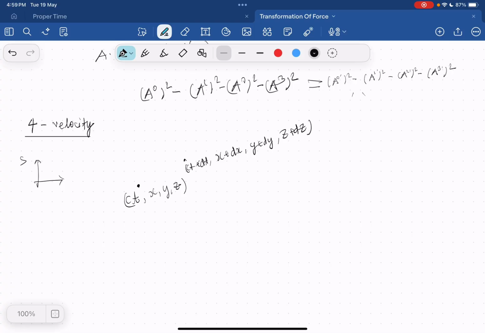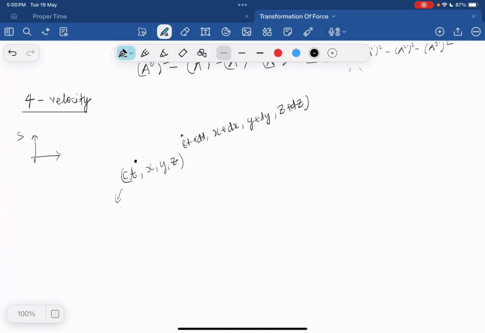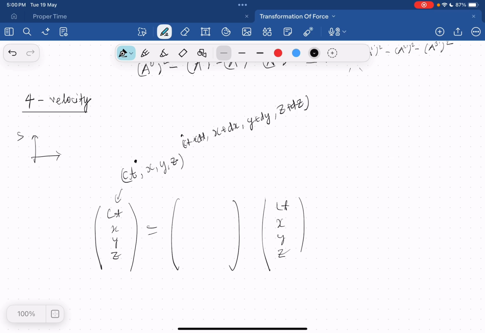So we know that this four vector transforms according to the Lorentz transformation, right?